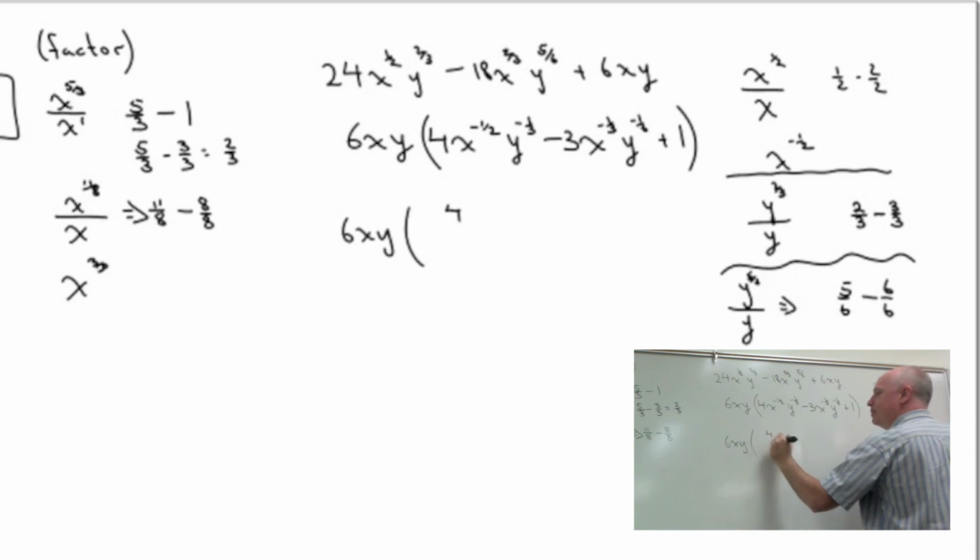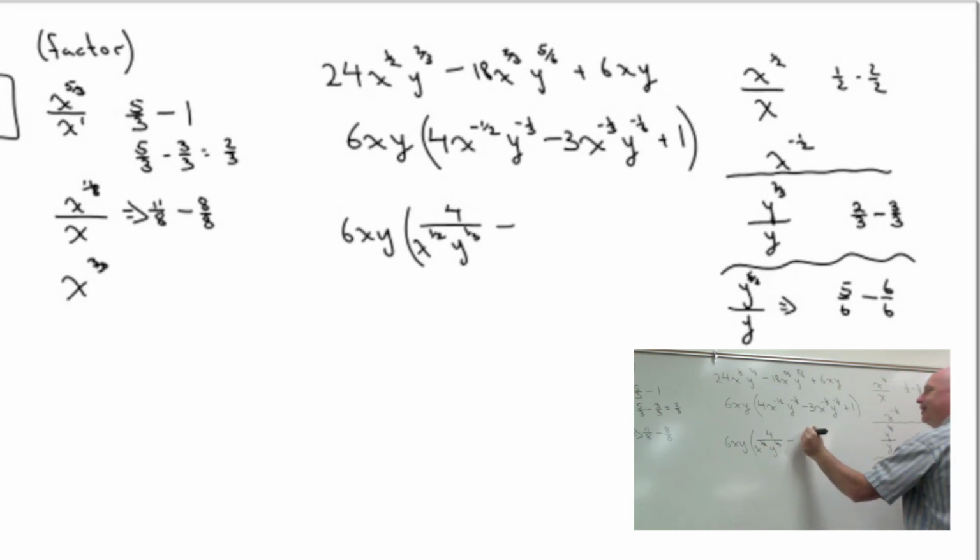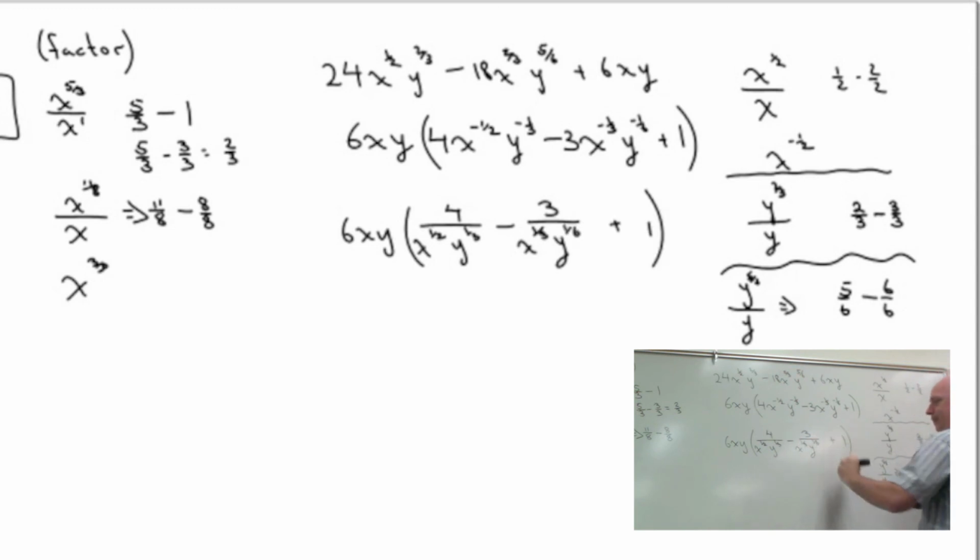That 4, what goes in the bottom? X to the 1/2, y to the 1/3, minus what goes in the top? 3, what goes in the bottom? X to the 1/3, y to the 1/6, and then we get this plus 1. And that's the only reason I don't like the book's method. It makes things actually, well, messy.